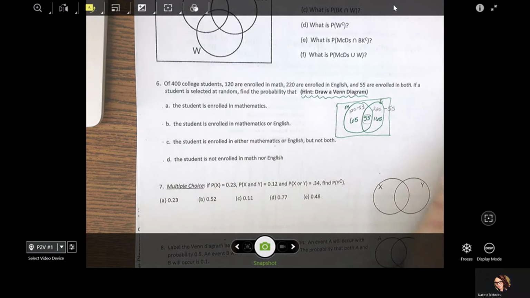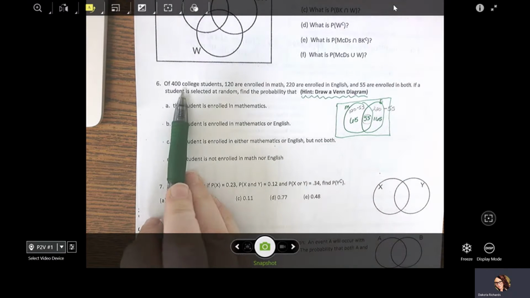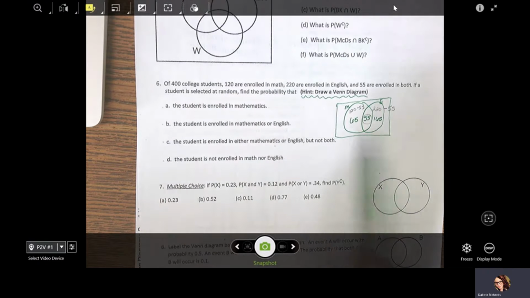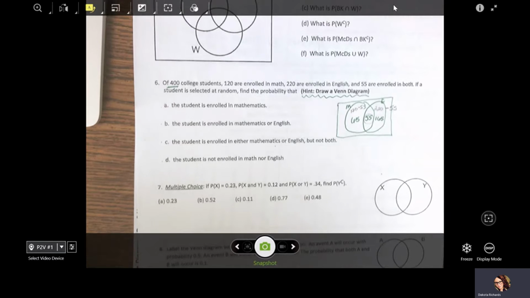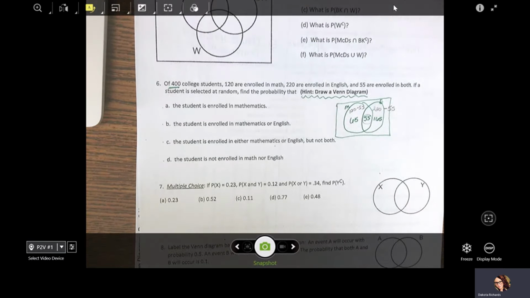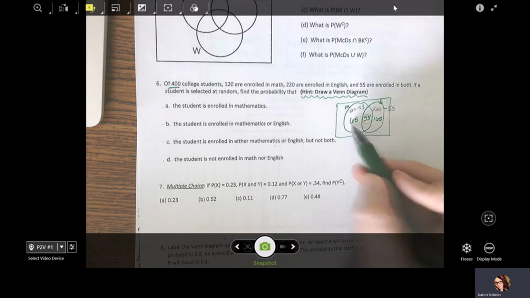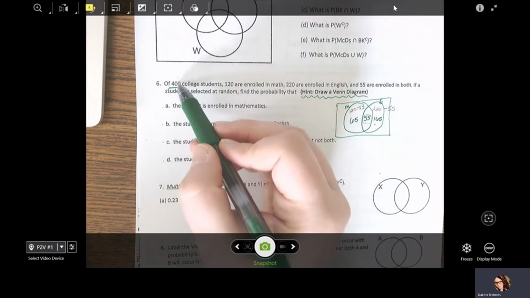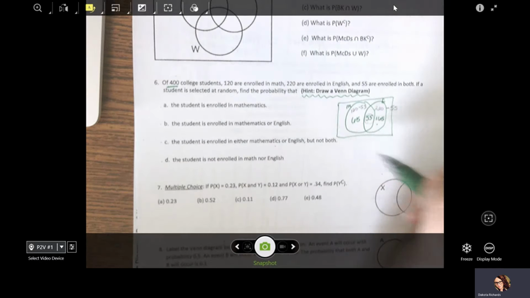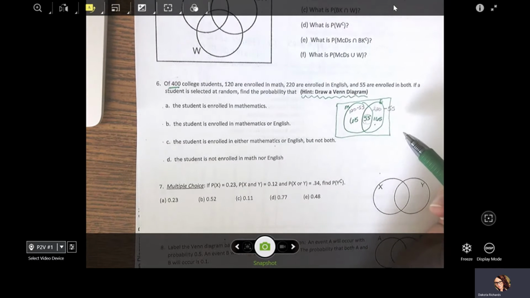Okay. So it says of 400 college students. So we need to make sure all of the numbers in our Venn diagram add up to the total. The total should be 400. So what is 65 plus 55 plus 165? That gives you 285 when you add up all three of these. So out of 400 students, only 285 are in math and English.